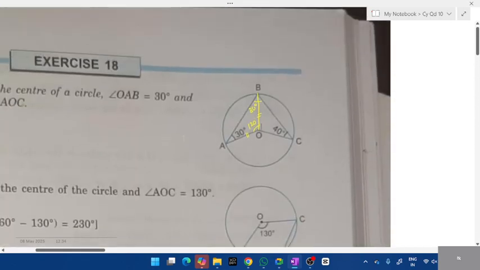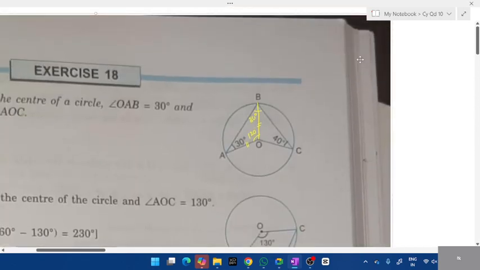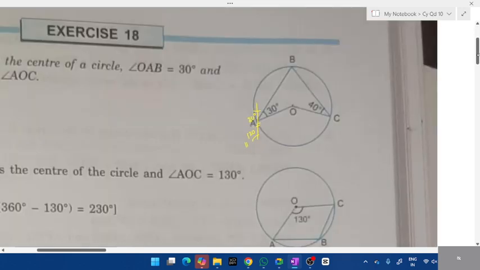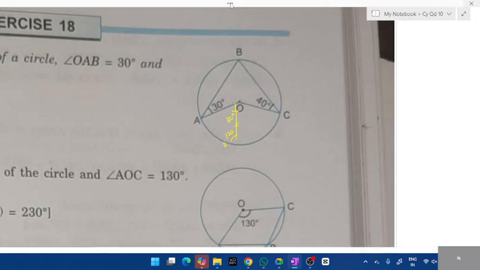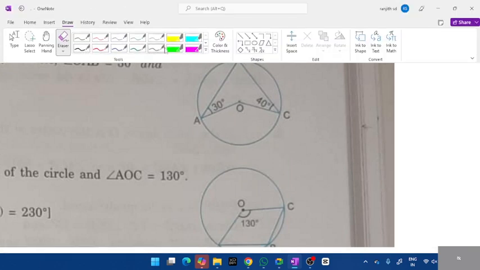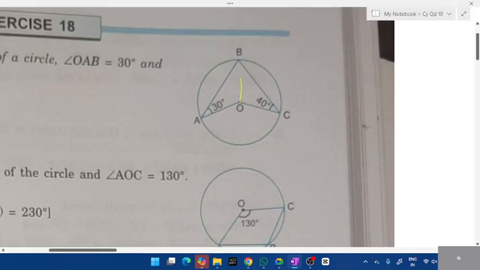Is Mariam online? Look, all these days we did theorems, students. Now you'll have to answer directly. 30 degrees. So this is 30. 30 plus 30 is 60. 180 minus 60 is 120.